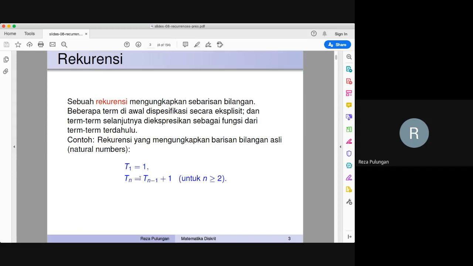If you look at this, T when the parameter is n is equal to T when the parameter is n minus 1 plus 1. So the function at a particular parameter is described by itself at another setting of parameters. That's why we call it recurrence, because the function recurs.